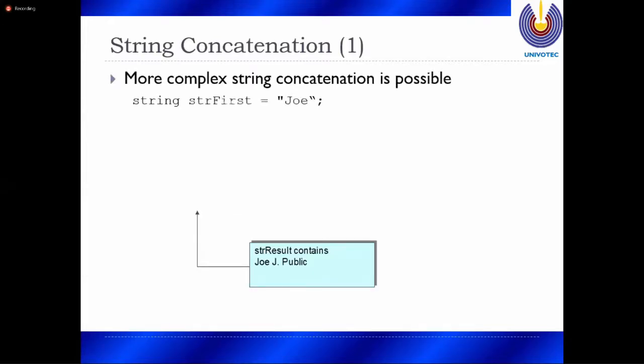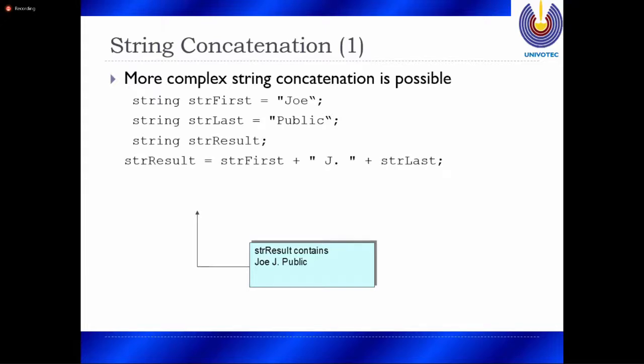For a more complex case, concatenation is possible. Now you can see three strings; you can combine many things. Here the first name is Joy and the last name is J apply.